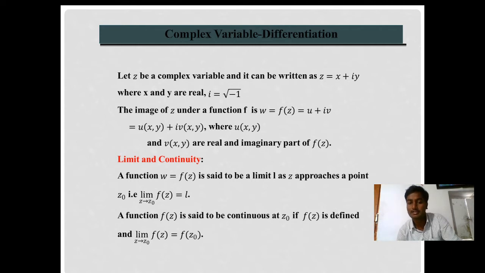Whereas in real analysis, it is only along the real line. But in a complex plane, we have real plane and imaginary plane. So that limit is unique in all directions, in any path. So similarly continuity also. The definition in real analysis and complex analysis both are same. But in complex analysis, we have to check in all directions.